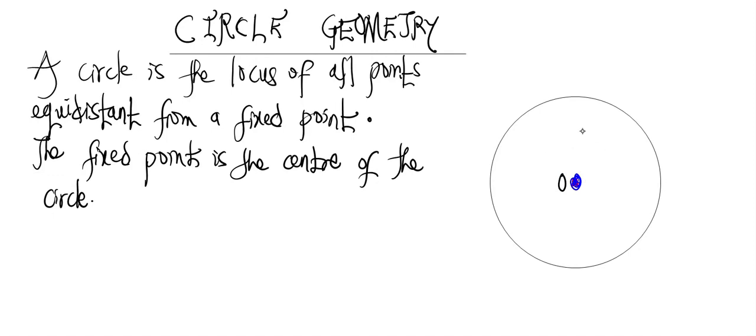So here we have the circle shown. Okay, so let's have some definitions with respect to a circle.